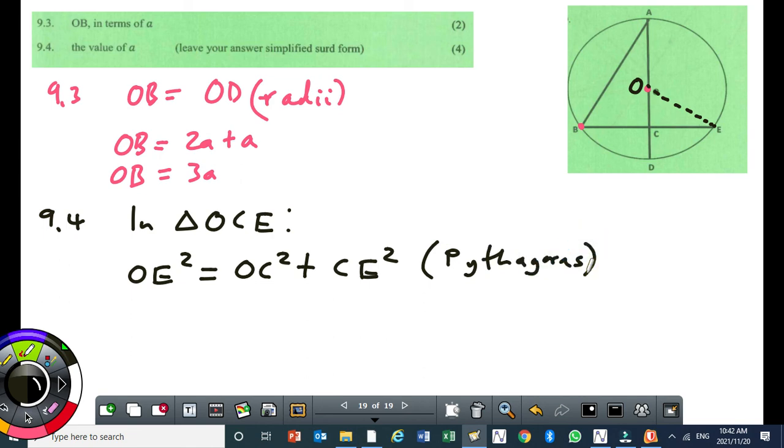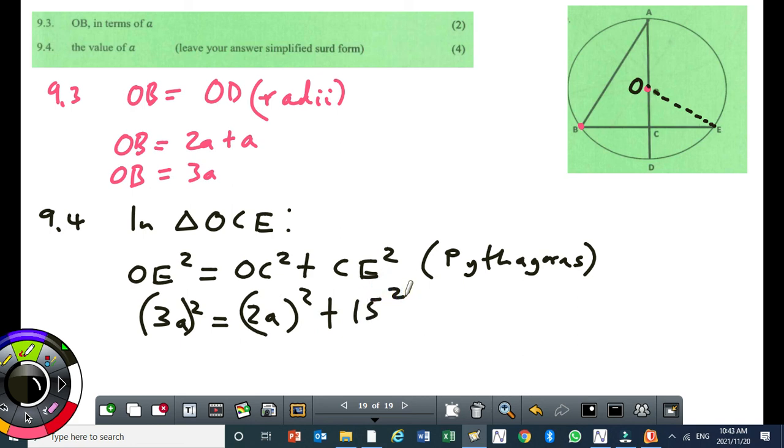Then OE, that's 3A, so this will be 3A all squared, like that. Then OC, that's 2A, put it in brackets like this. Are you following that? Plus CE. Now CE is 15 squared.